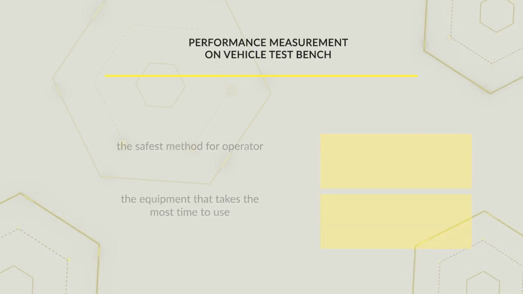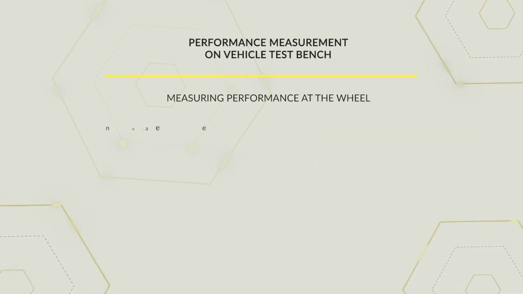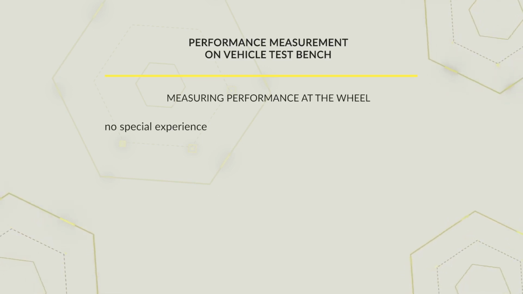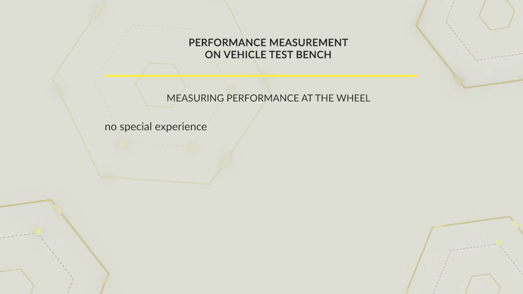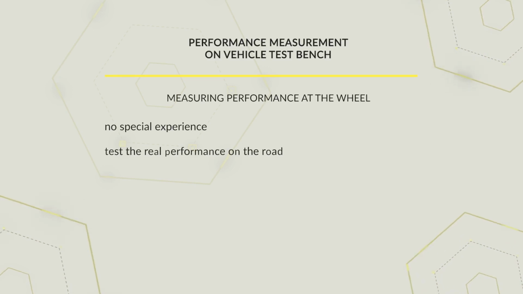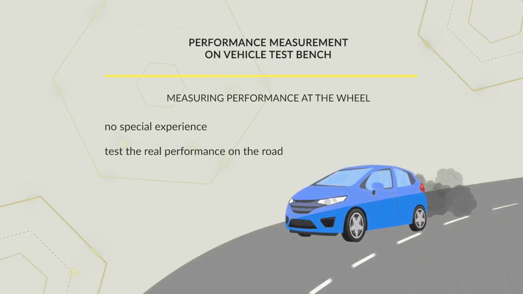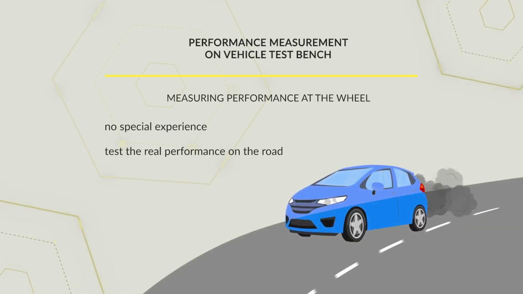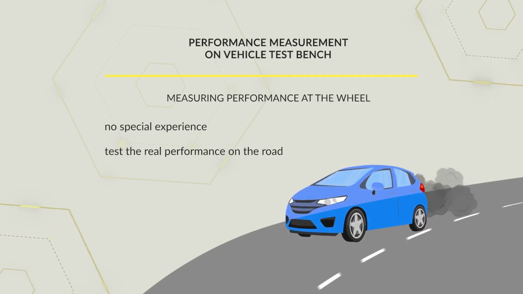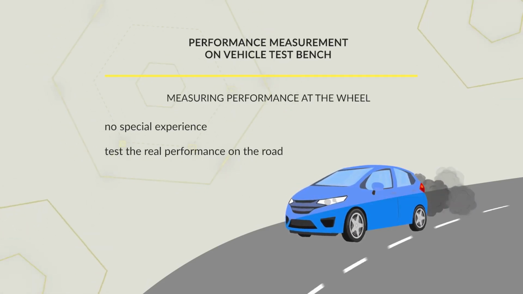For measurements directly on the vehicle wheel, no special experience is required other than basic training. The equipment allows you to test the real performance of the vehicle on the road, which makes it among the most faithful equipment. But to be as precise as the previous equipment, it needs an excellent driver who replicates the same series of operations during different tests.